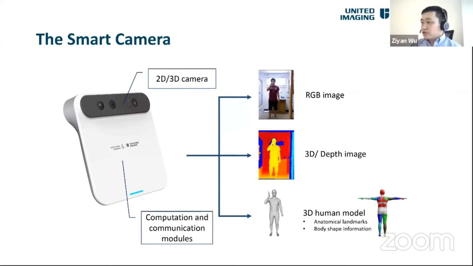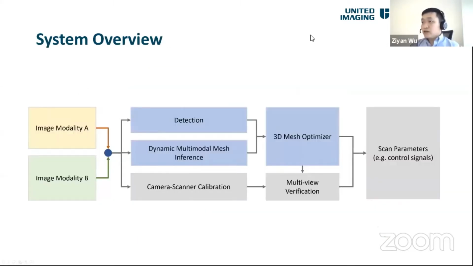On top of the RGB and depth images, it can also generate the 3D human model from the AI algorithm, including the anatomical landmarks and the body shape information. You can just plug in this camera and connect it to the CT scanners, and it can start working and convert your conventional CT scanning workflow into a contactless workflow.